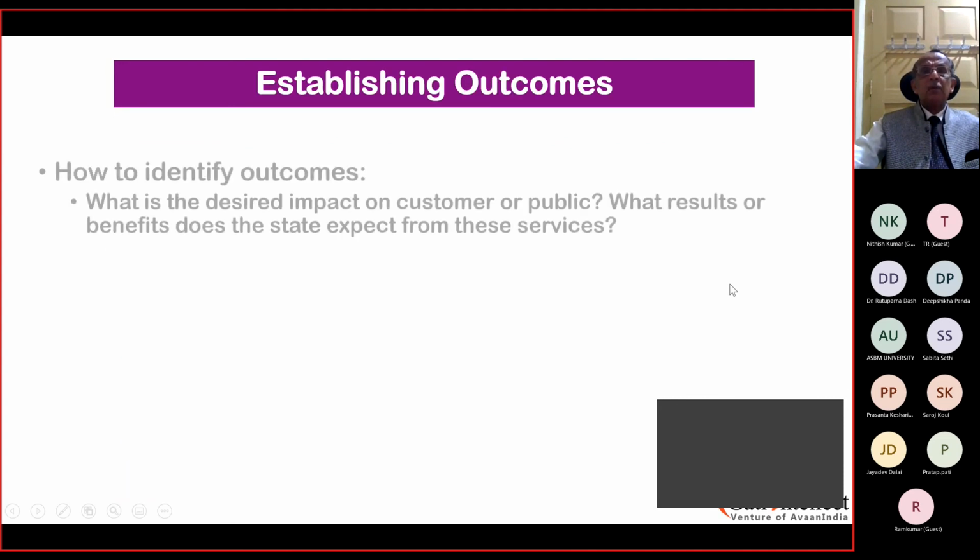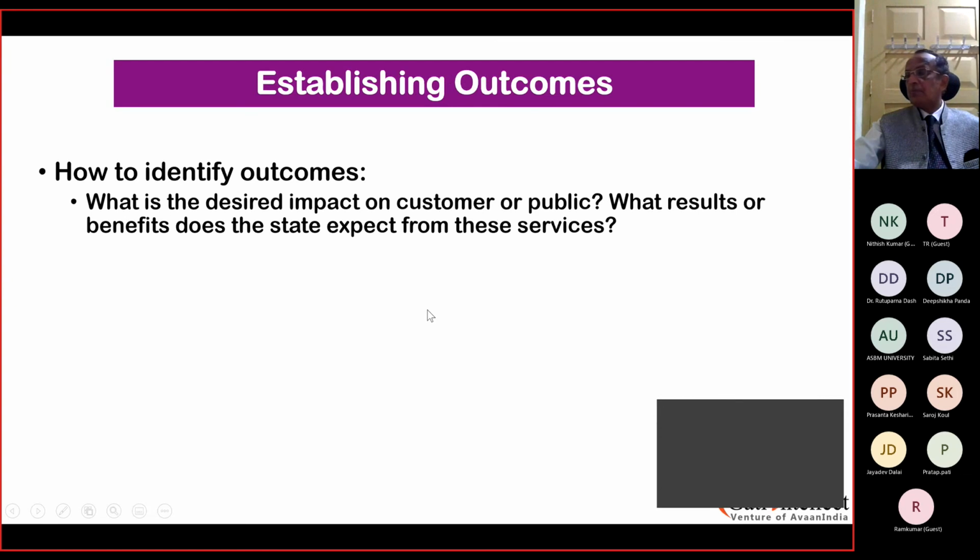Establishing outcomes, how to identify outcomes. What is the desired impact on customer or public? What results or benefits does the state expect from these services? How do you identify the outcomes? What is the desired impact on customer or public? There are lots of students going to medical college.